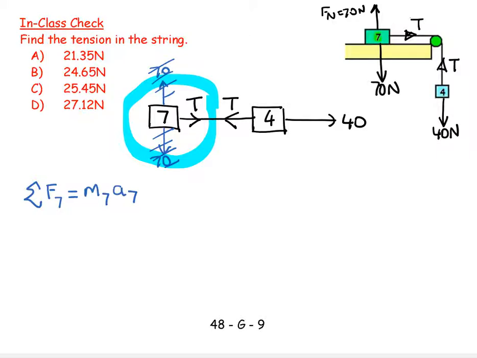Let's have a look. T, that's the only net external force, plus T is equal to 7 times a. So we don't know what a is. Okay.